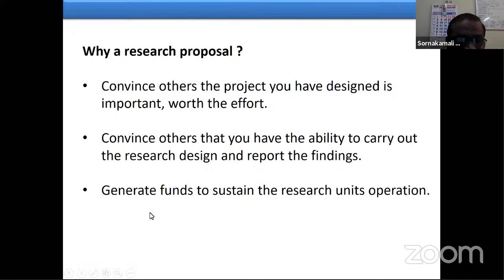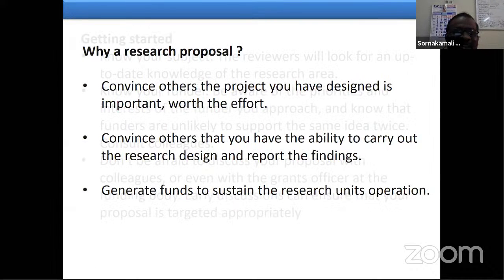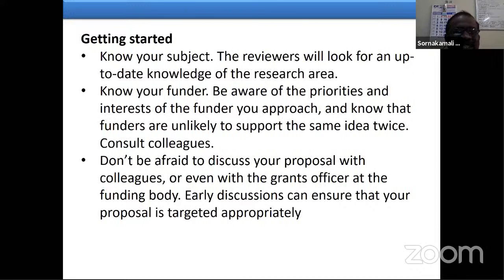Okay. Most of the time, we write a research proposal because we are getting pressure from higher authority, so that we can secure our position in our institute. By this way, we can sustain research in the universities. Okay. So how to start writing the research proposal?